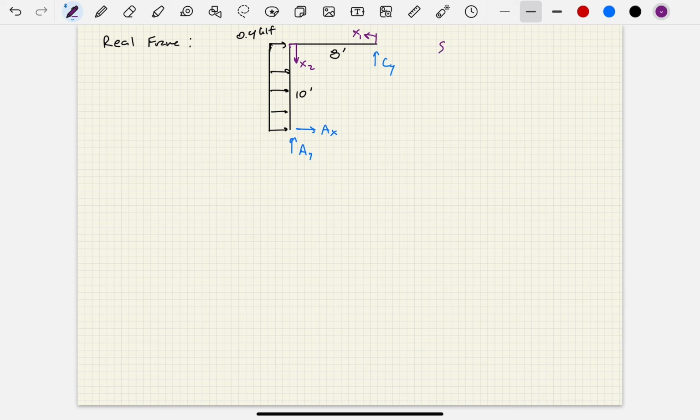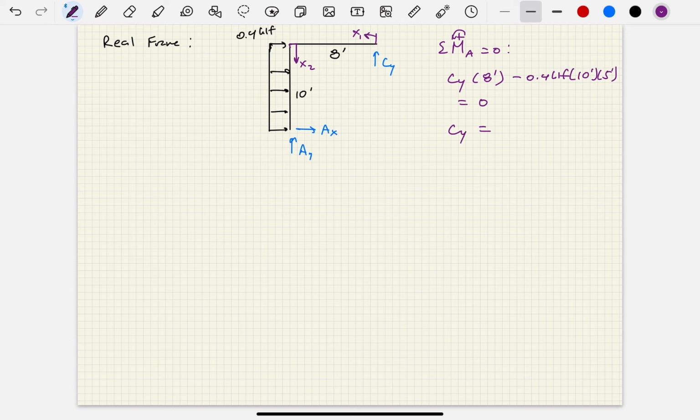So here we're going to say sum of the moments about point A equals 0, and we're going to solve for CY in the real frame, okay? So we're going to say CY times 8 feet, and then minus 0.4 KLF times 10 feet times 5 feet, and of course that equals 0.